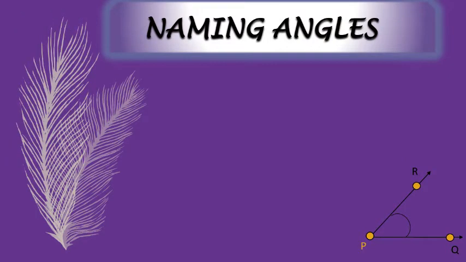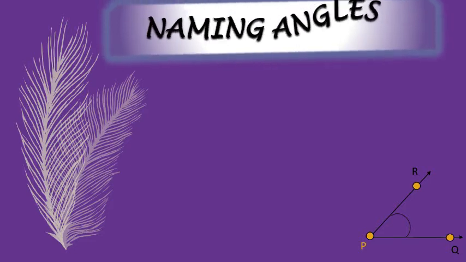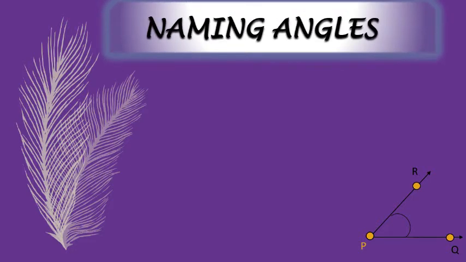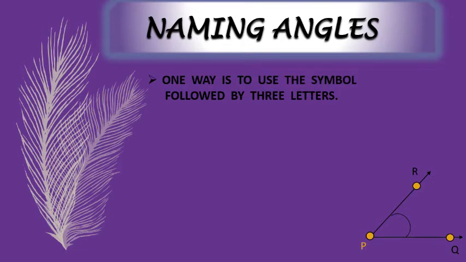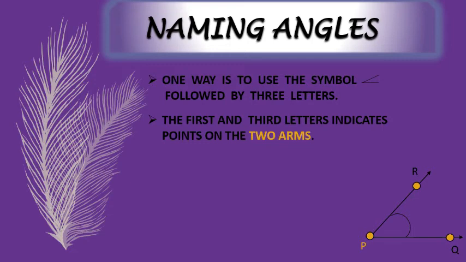In this slide, we will learn how to name an angle. One way is to use the symbol followed by the three letters. And what is the symbol of an angle? The symbol of an angle is this tiny angle. So what about the three letters? The first and the third letter indicate points on the arms, and the letter in the middle is the vertex.